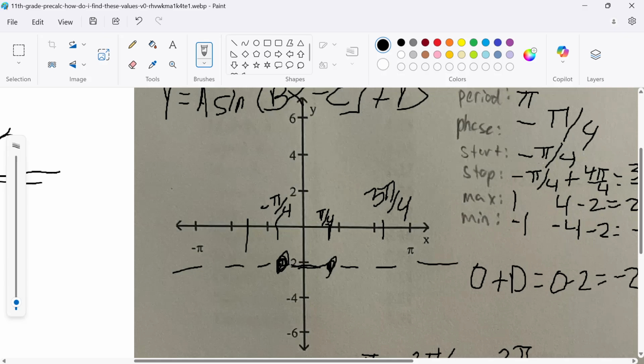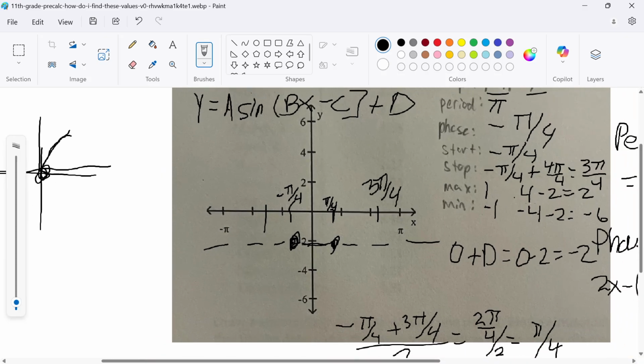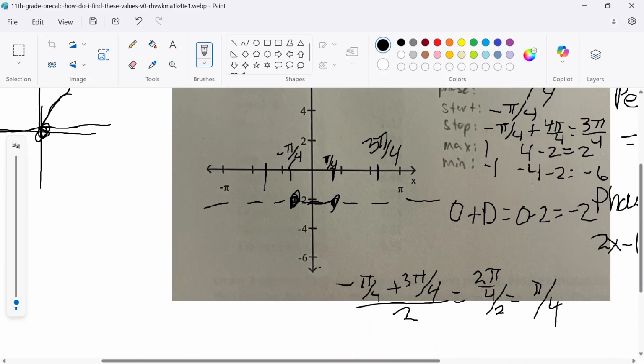And then halfway between the midpoint and the start is going to be where it hits the low point. So what's negative pi over 4 plus pi over 4 divided by 2? That's 0. So at 0, it hits the low point. And then halfway between pi over 4 and 3 pi over 4, it's going to reach the high point again.